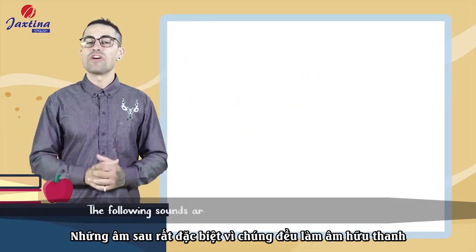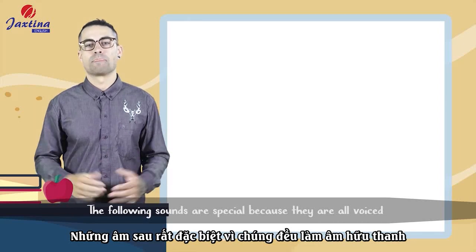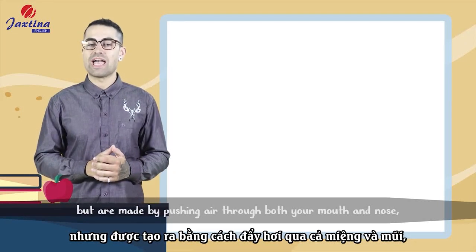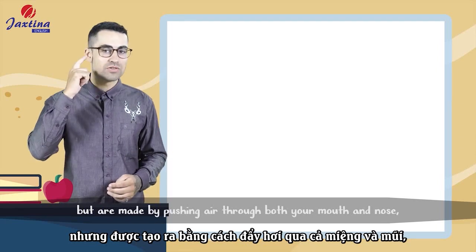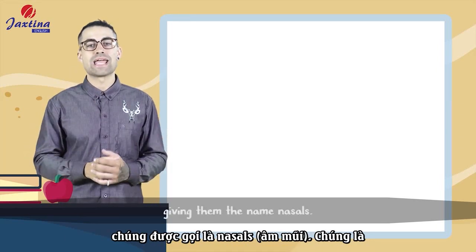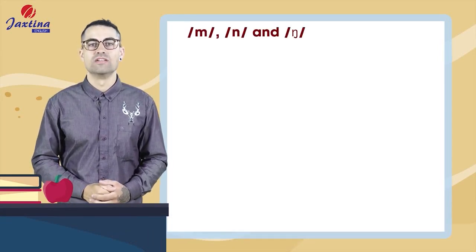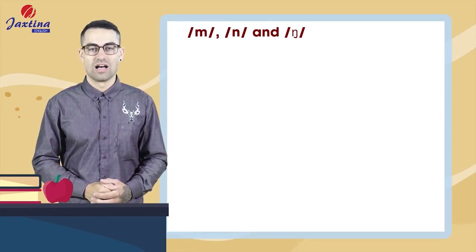Okay, so the following sounds are special because they are all voiced, but are made by pushing air through both your mouth and your nose, giving them the name nasals. They are m, n, and ng.